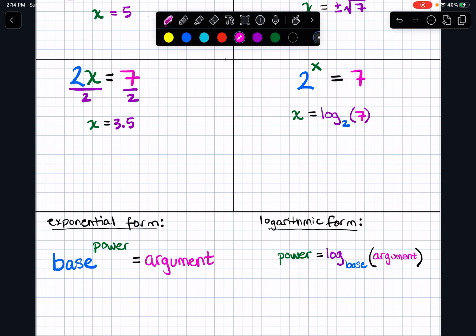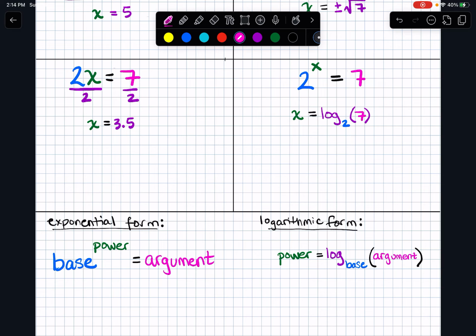And then at this point, to find your log, different graphing calculators will have different places where you can look them up. But you can type in your log into your calculator and it'll give you the exact power that you would need in order to find that.